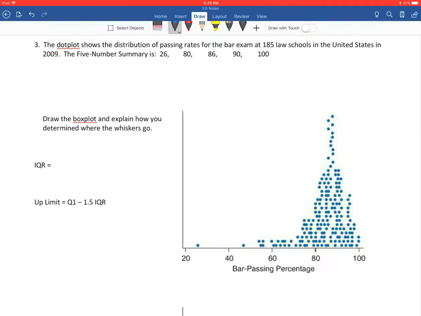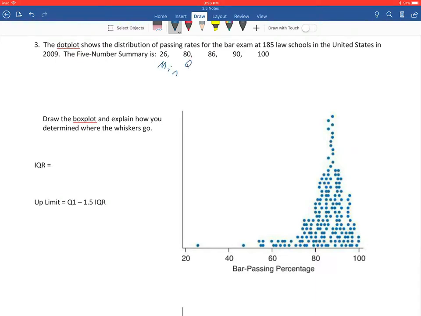Okay, so for our last example, we've got a dot plot here. These are pass rates for a bar exam of 185 law schools in the US in 2009. And notice they've given us the 5-number summary to go along with this. So it's important that we know what these 5 numbers mean.